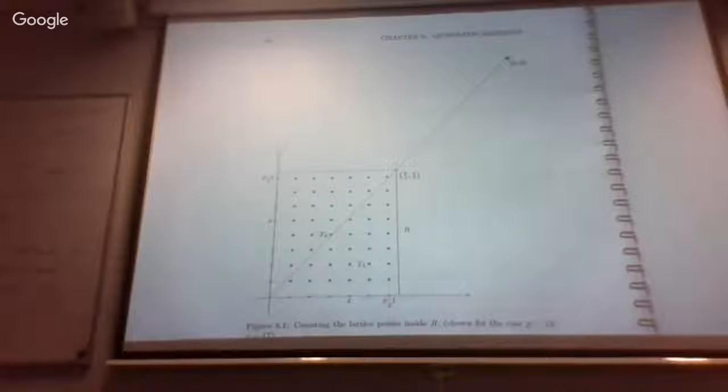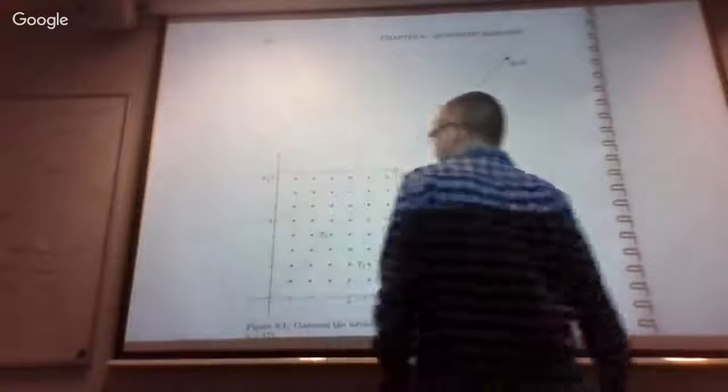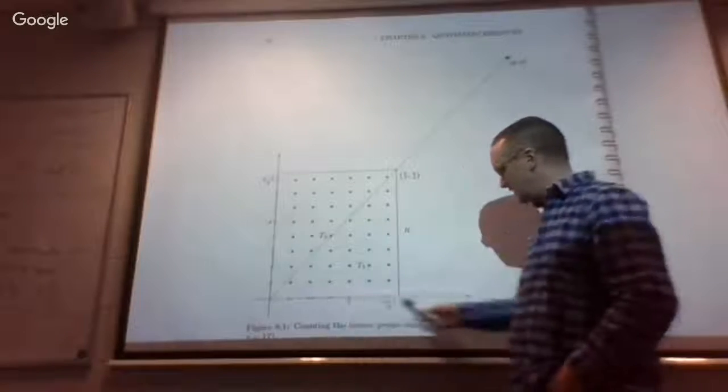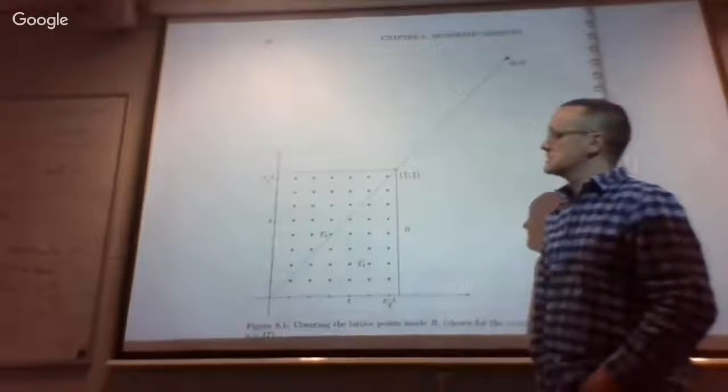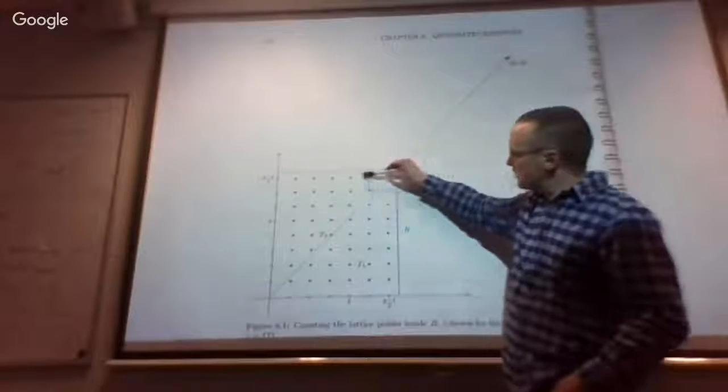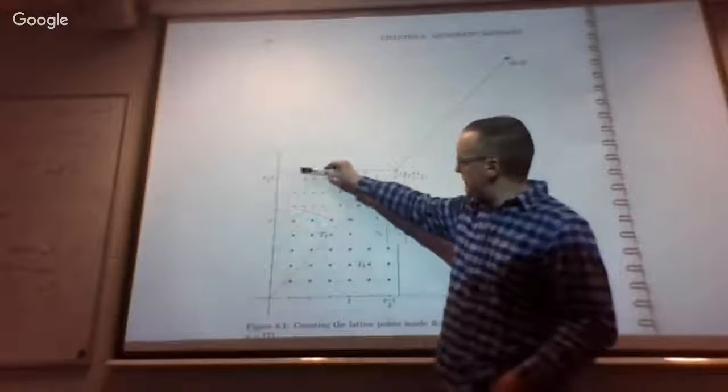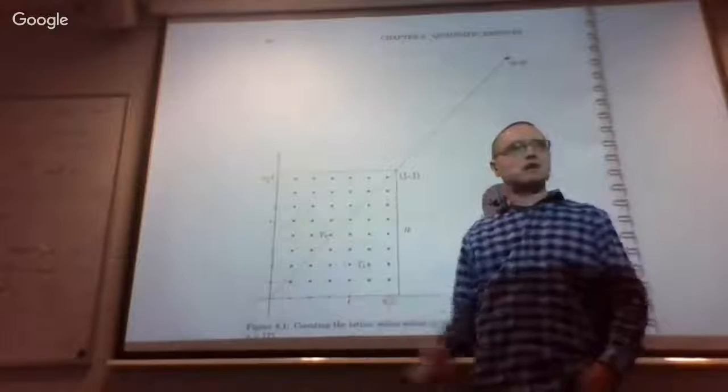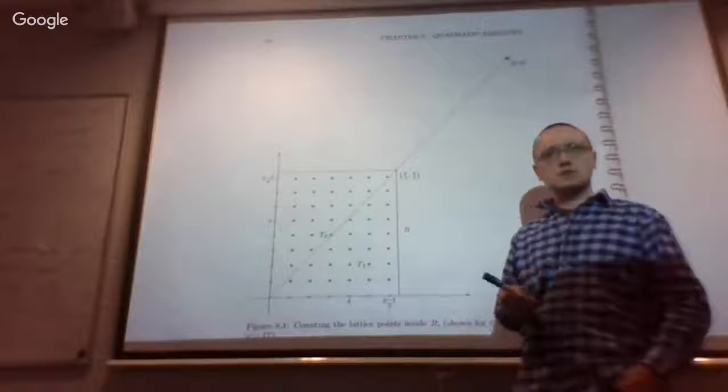Now that quantity: we had (Q/P)(P/Q) is minus 1 to the (P minus 1) over 2 times (Q minus 1) over 2, this alternative version of the quadratic reciprocity law. You look at this product of the exponents, (P minus 1) over 2 times (Q minus 1) over 2. So we've got a P axis and a Q axis. So the number of lattice points in the interior of this square is equal to that product, (P minus 1) over 2 times (Q minus 1) over 2.